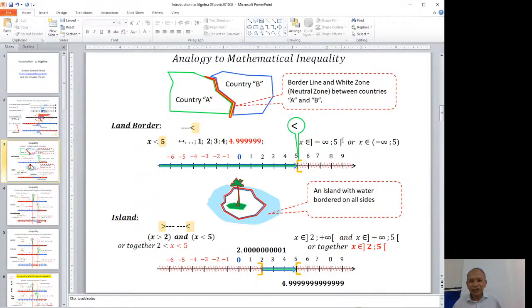That's why the bracket faces away, turns away from number 5. 5 isn't included in the set. 5 doesn't belong to the country.